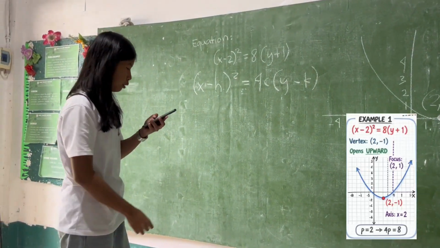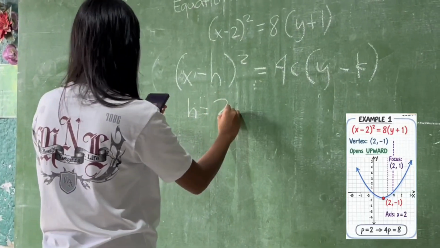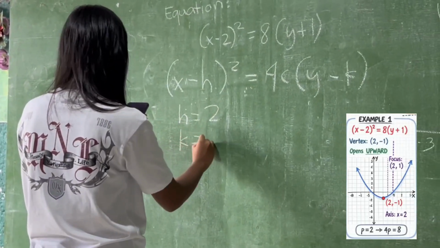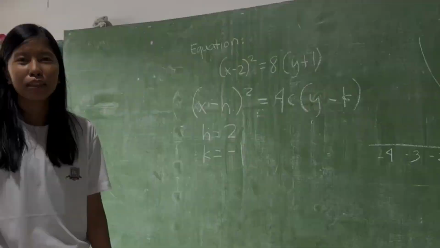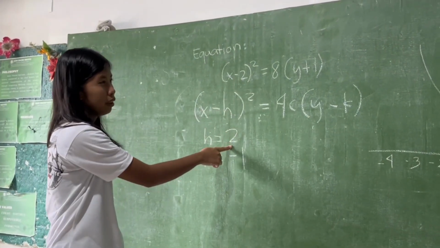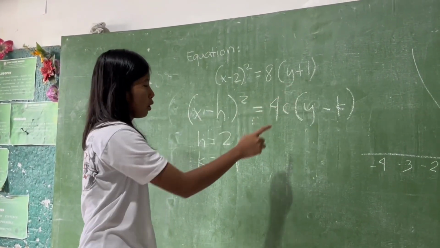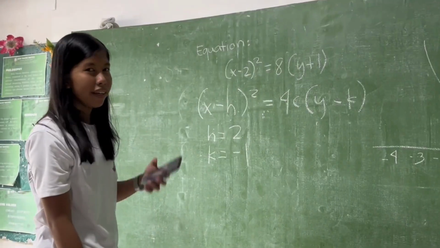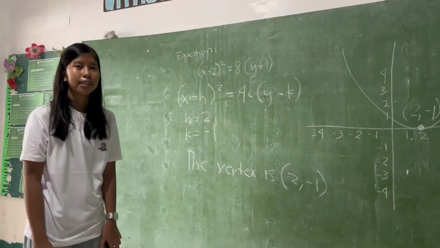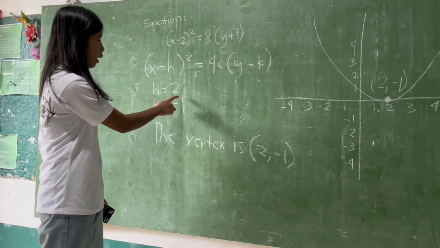Identify the values. When you transpose the negative 2, it will become positive 2. And when you transpose the positive 1, it will become negative 1. Step 3. Determine the vertex. So, the vertex is positive 2 and negative 1.